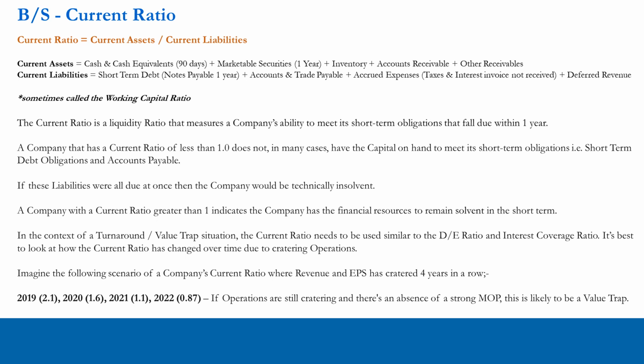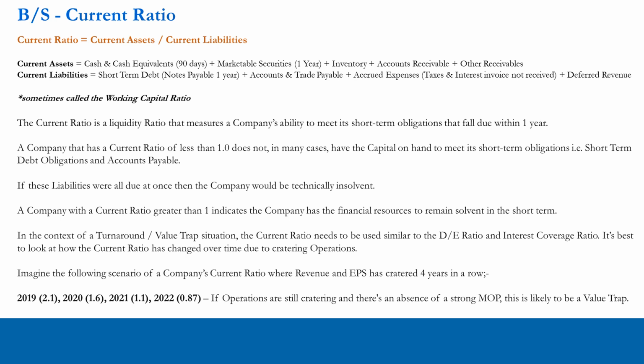Now, the current ratio is sometimes called the working capital ratio, and it's a liquidity ratio that measures the company's ability to meet its short-term obligations that are falling due within 1 year.